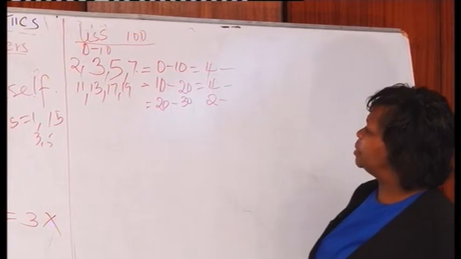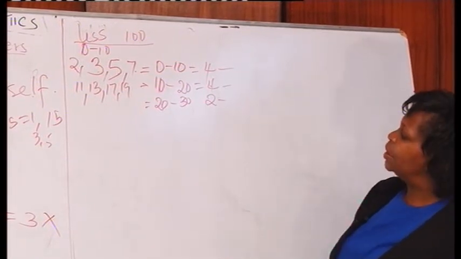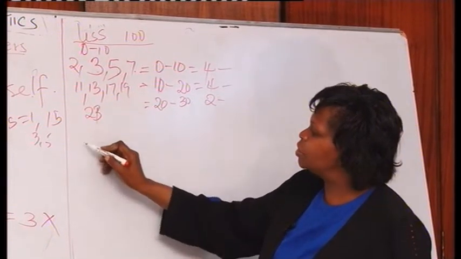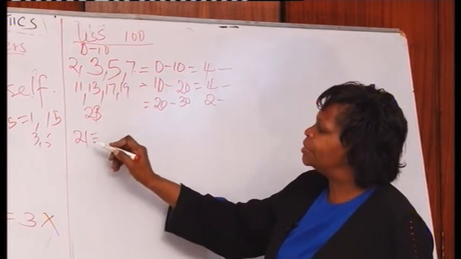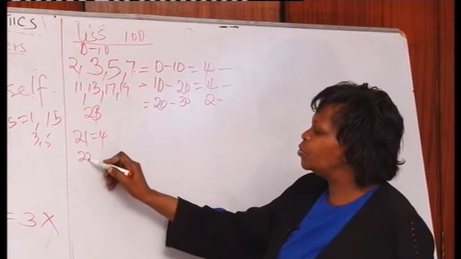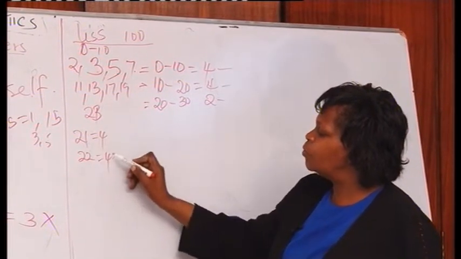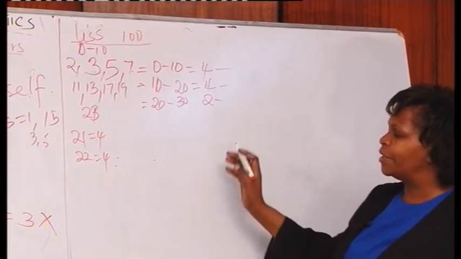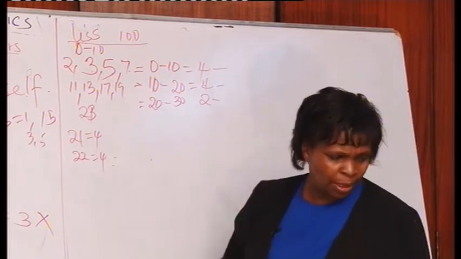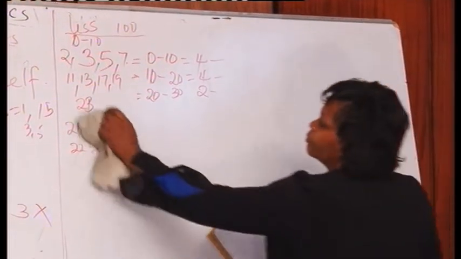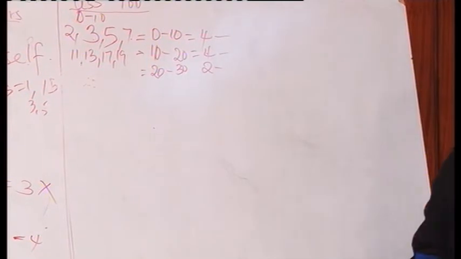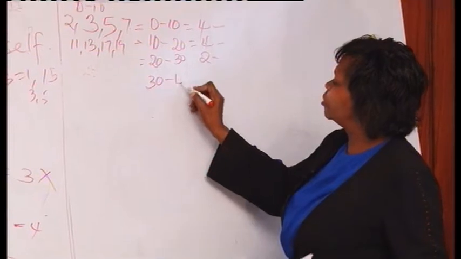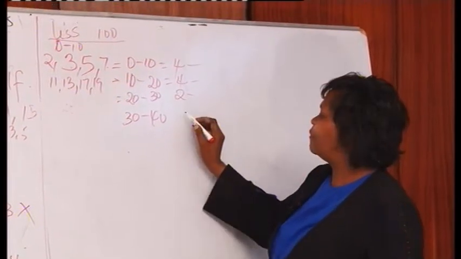Between 20 and 30, we'll have 2, which are 23 and 29, because 21 has 4 factors. 22 has also 4, because this will be 1 and 22, and 2 and 11. Then between 30 and 40, if I continue, I'll have another 2.